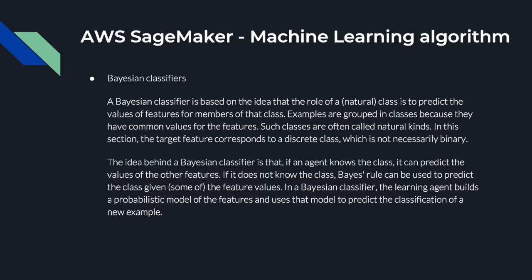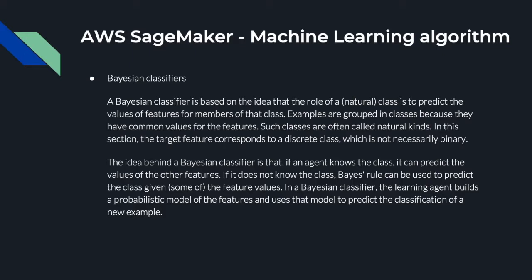About Bayes classifier. A Bayes classifier is based on the idea that the role of a class is to predict the value of features for members of that class. Examples are grouped in classes because they have common values for the features. Such classes are often called natural kinds. In this section, the target feature corresponds to a discrete class, which is not necessarily binary.